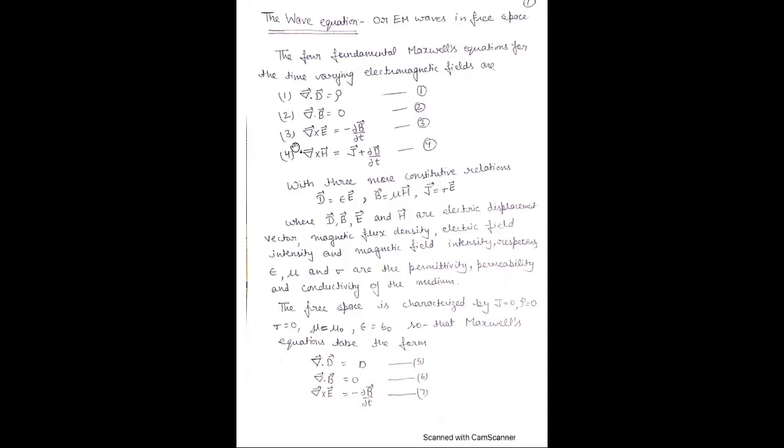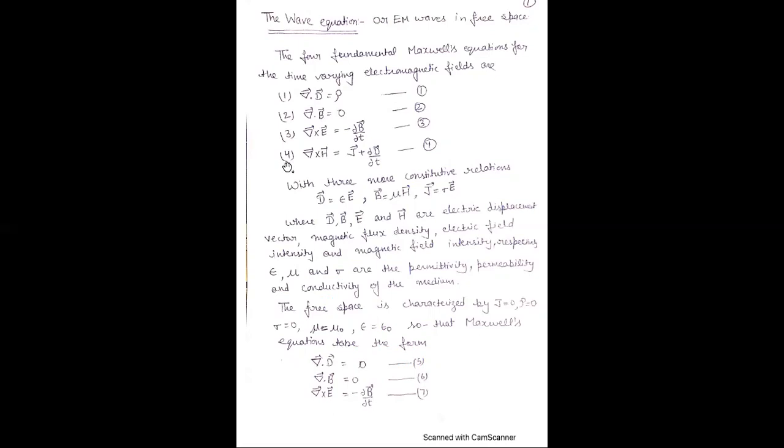And the third is del cross E, means curl of E. Here there is a cross product between del and E, therefore known as curl of E, that is equal to minus curly B by curly T, that is, minus ∂B/∂t. This Maxwell's third equation is derived with the help of Faraday's law in electromagnetic induction.